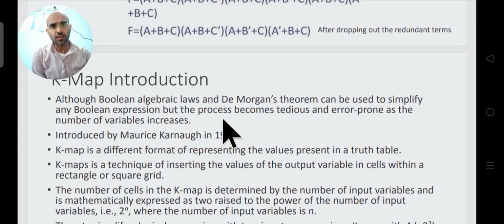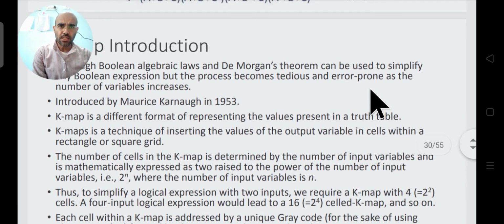In most of the questions you will see that the min terms or the max terms are given. If the min terms are given, we will group ones, but if the max terms are given, then we will group zeros. Either way we will be able to solve the problem. So let's start with K-map.